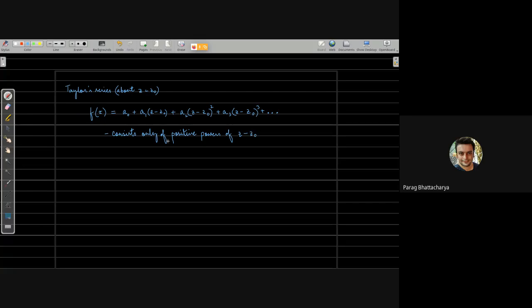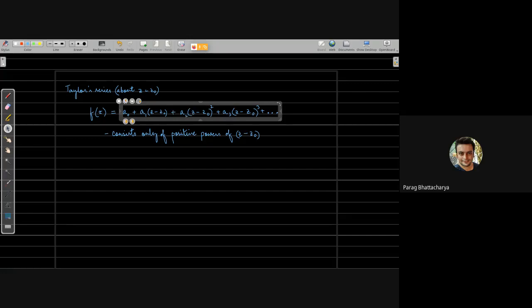It contains only the positive powers of z minus z naught. But this is only if the function is analytic. But suppose the function is not analytic about some point z naught. In that case, what happens? In that case, we can no longer write this function as a Taylor series expansion.